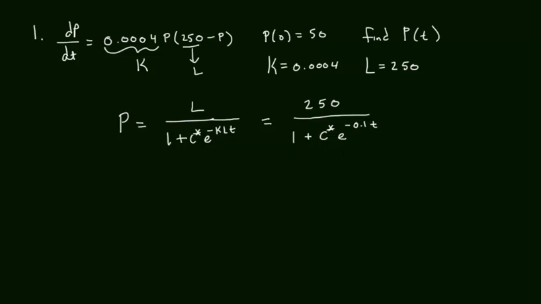Now we do have to solve for C star with our condition that P equals 50 when t equals 0, 250 over 1 plus C star times 1.